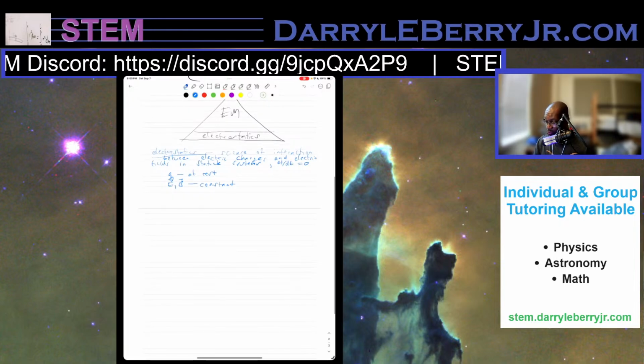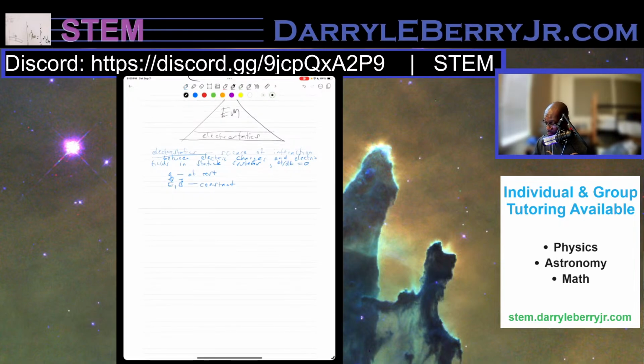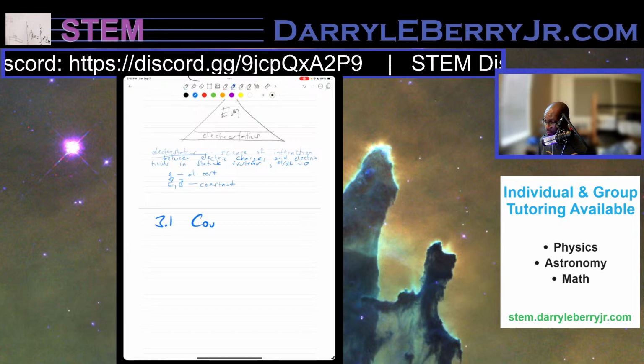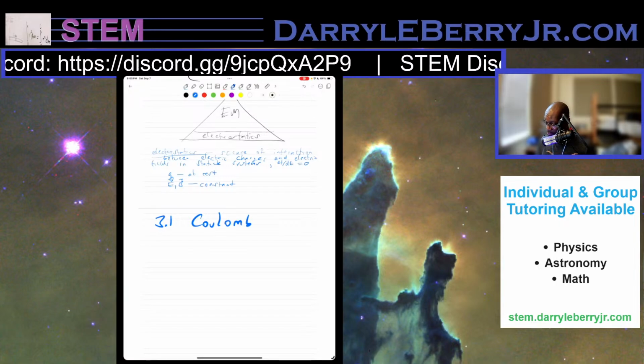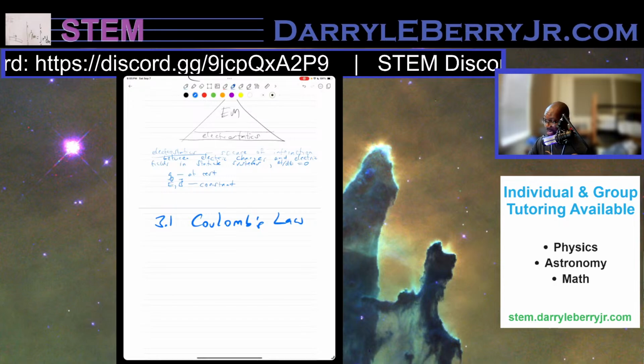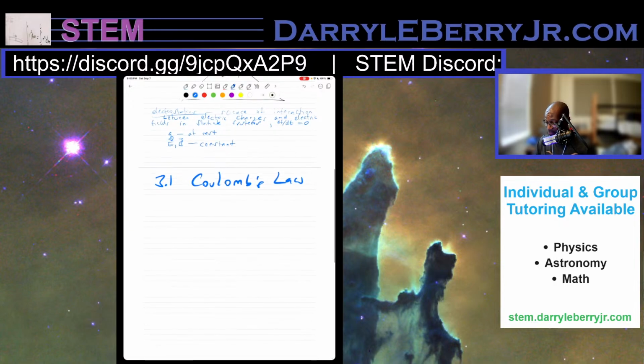So 3.1, Coulomb's law. All of electrostatics can be derived from two principles, Coulomb's law and superposition. It's interesting.